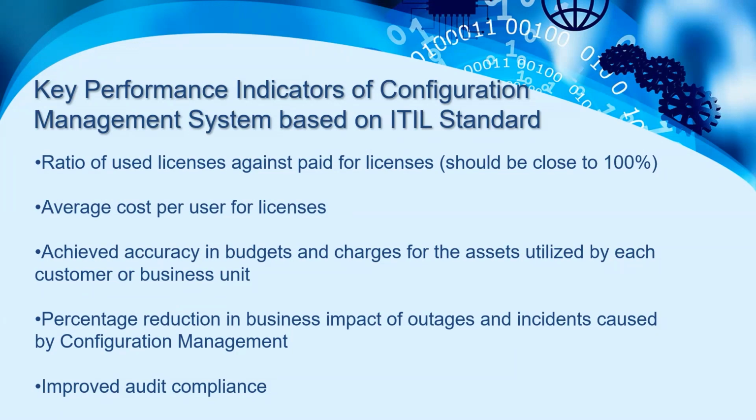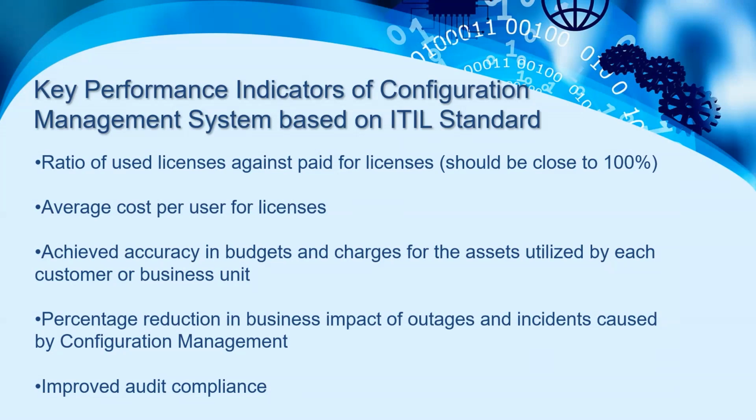A situation whereby you subscribe for 10 licenses and only 4 licenses are in use means that the remaining 6 licenses are redundant. And this is one of the metrics that a comprehensive configuration management system can help you optimize.